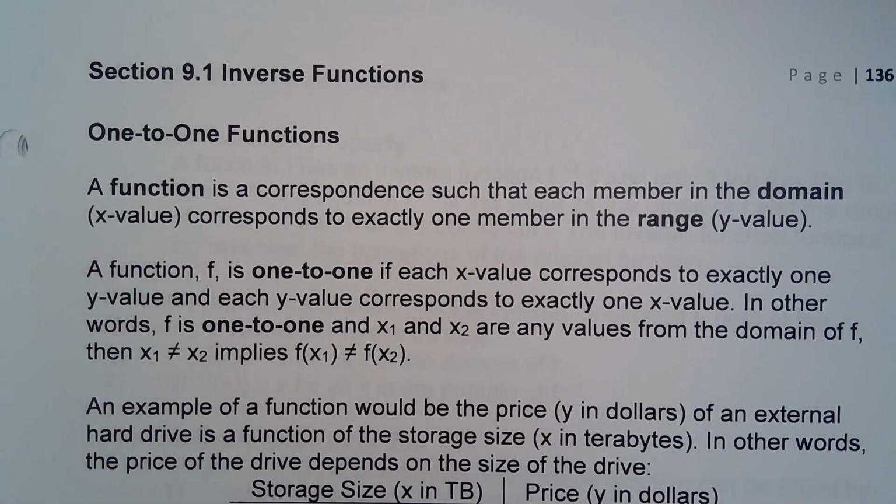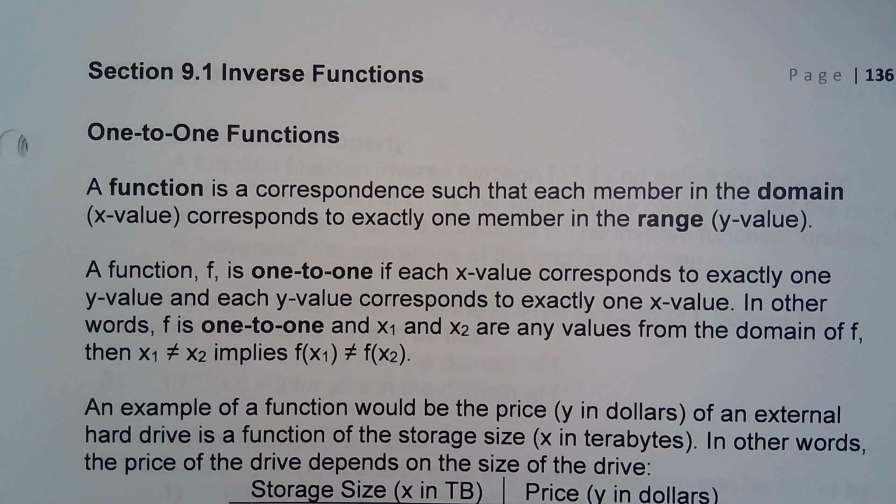For example, the x squared function would not be one-to-one because if I look at 9, I have two ways I can get 9. I can get it from x equals 3 or x equals negative 3. So that would not be one-to-one. Still a function, but not one-to-one.